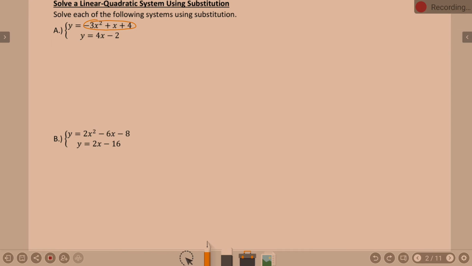I can take that and plug it into y in my other equation. Basically, if they're both y equals, you end up making these equations equal to each other. So I end up with negative 3x squared plus x plus 4 equal to 4x minus 2.